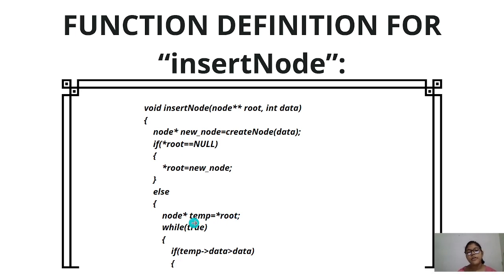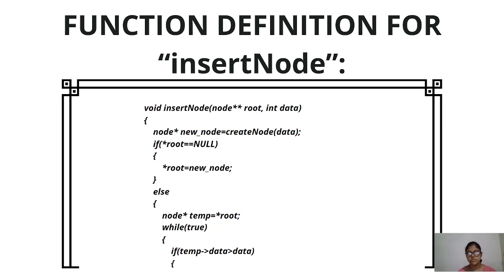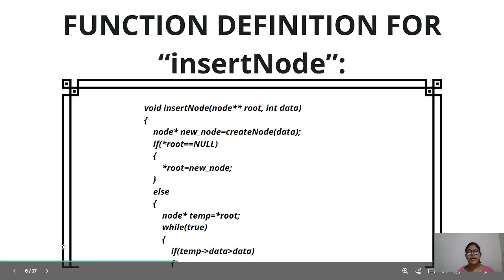So a temporary variable temp of type node star will contain the value of root. Not the value of root, the address of root, sorry, the star root. Again, let me re-explain this.